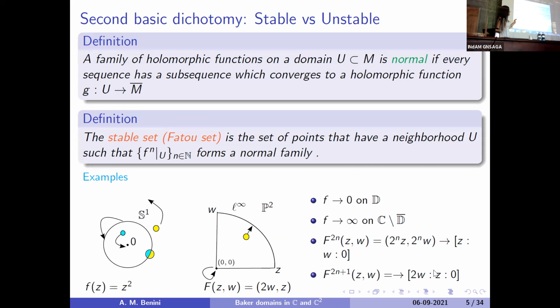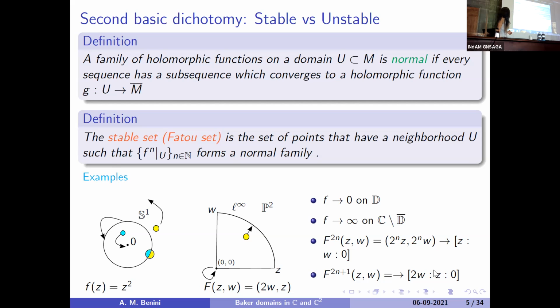If it's pre-compact, so basically every sequence has a convergent subsequence, it kind of tells you that all points behave the same asymptotically, and the same behavior is this limiting function. And the stable set, so the definition of points behaving approximately the same as the neighborhood of them, is exactly in terms of the definition of normality. So the stable set, which is usually called the Fatou set in our setting, is the set of points which have a neighborhood U on which the iterates form a normal family.